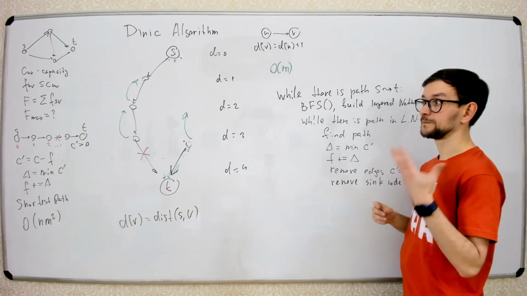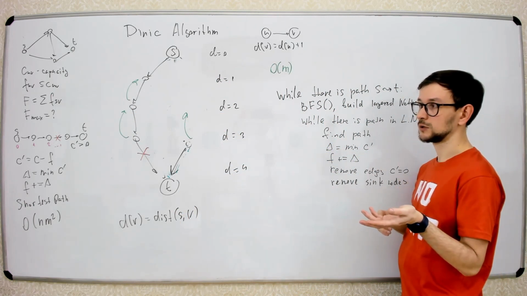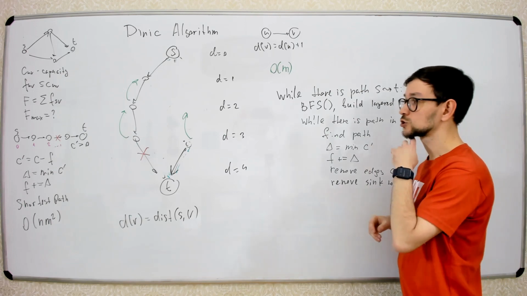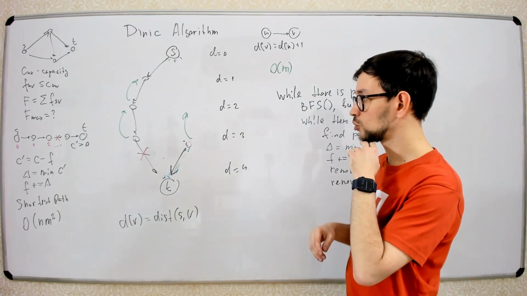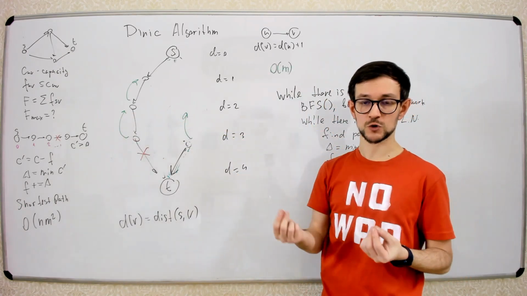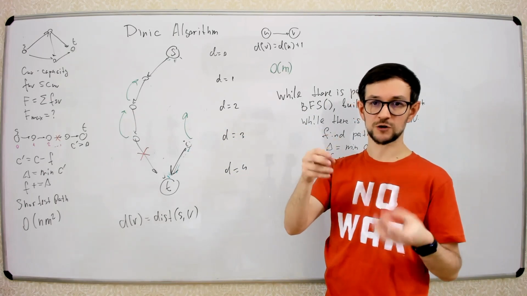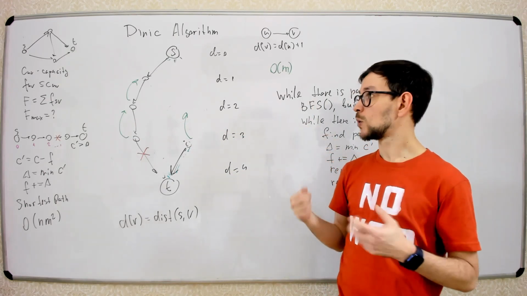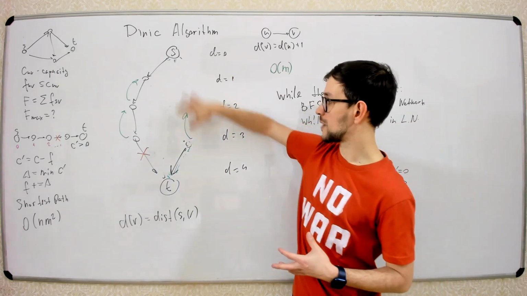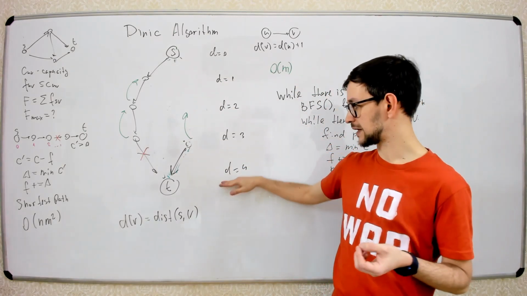So you don't need these edges in your layered network. These edges cannot be used in short paths. In the layered network, we use only the edges which can be used in the shortest path from S to T. So when we have no path from S to T in the layered network, it means we no longer have any path of this length.